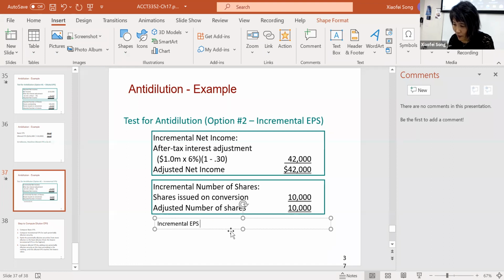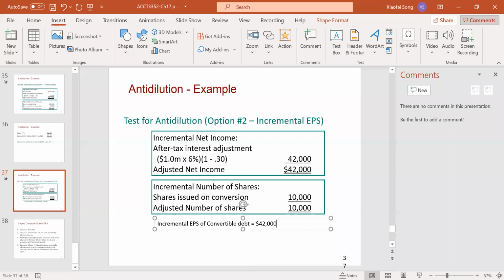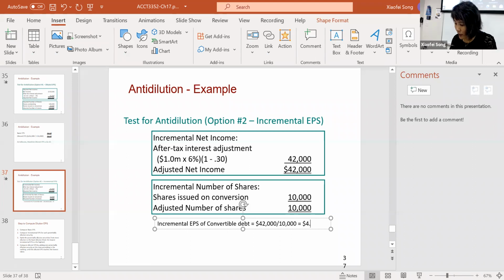The incremental earnings per share of the convertible debt is $42,000 divided by 10,000, and that is $4.20.